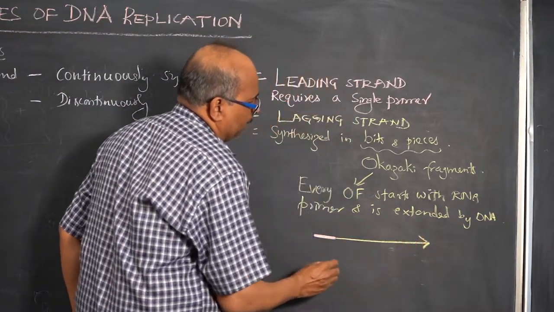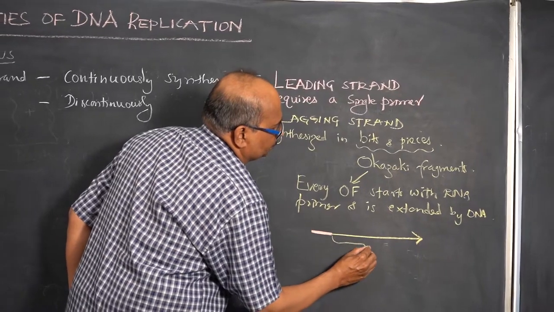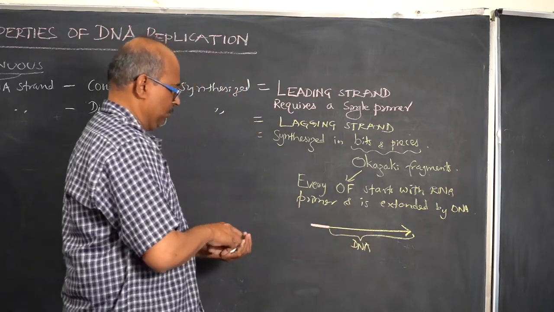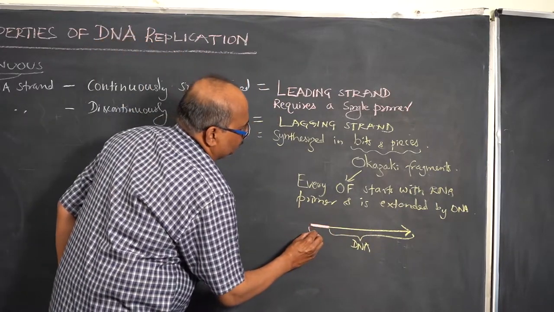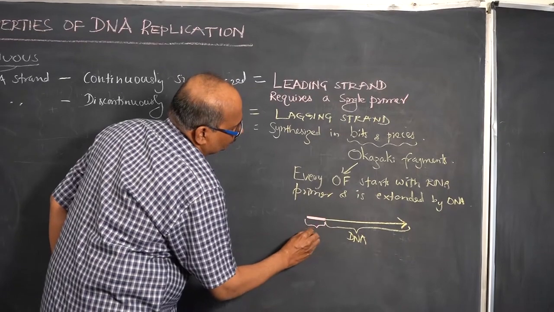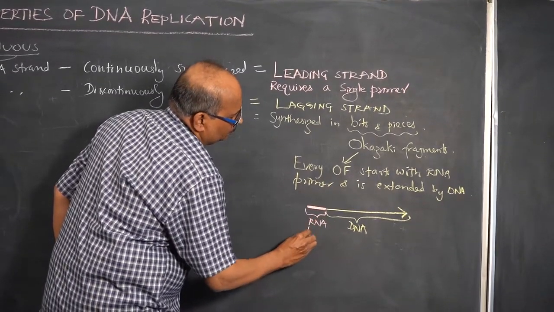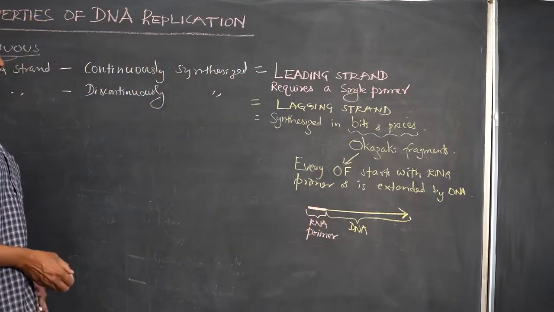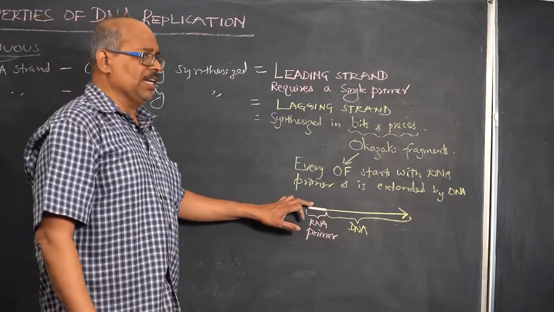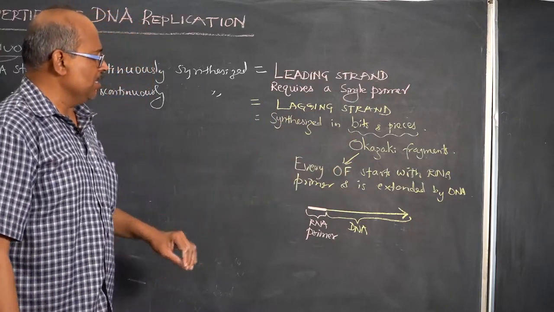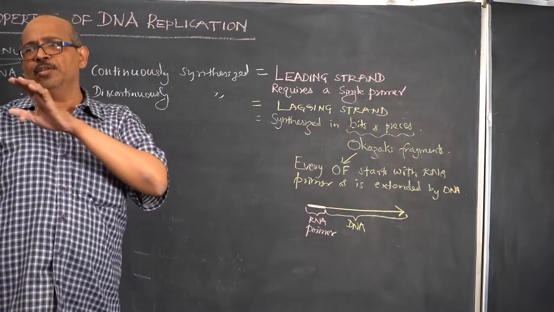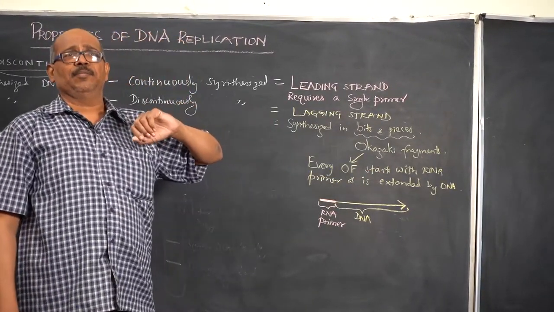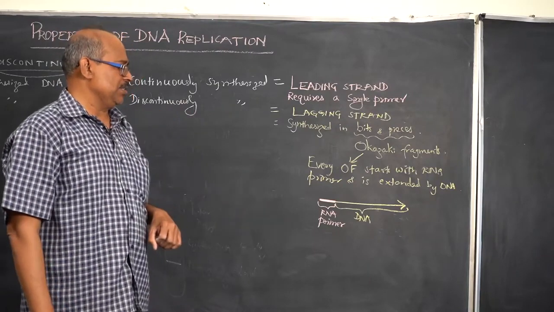This is the DNA part. And then you have mechanisms where the primer RNA will be removed and then it is replaced with deoxyribonucleotides so that the entire lagging strand will become DNA nucleotides.